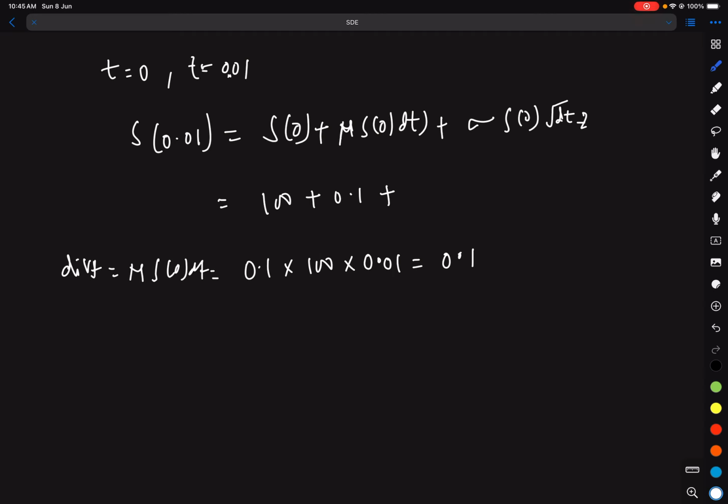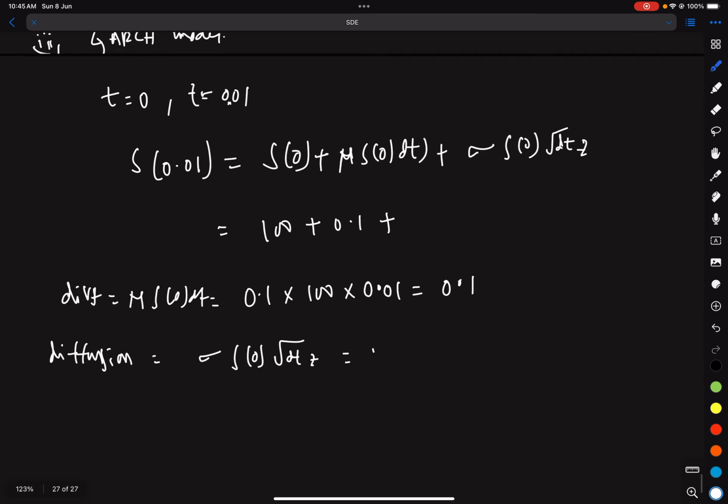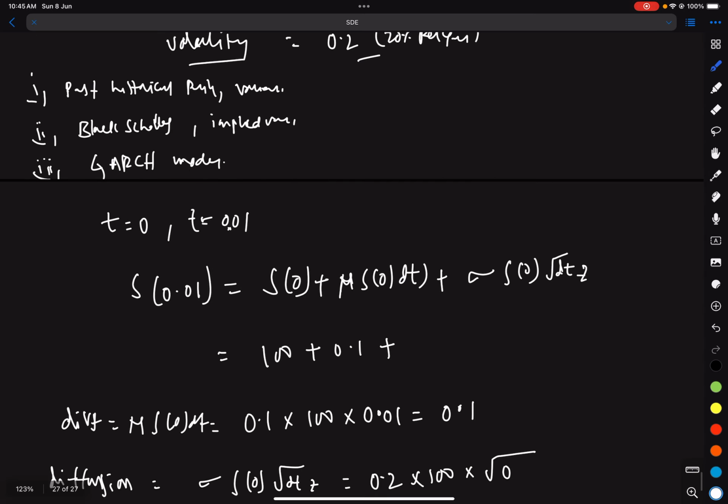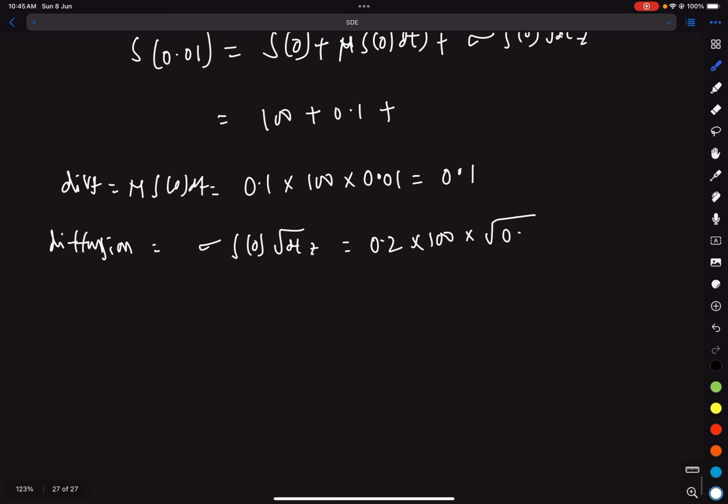Now let's calculate the diffusion term, or random term. To calculate that, the different components we should have are volatility, stock price, and Brownian motion, right? So we already know our volatility is 0.2, and our stock price is 100, into the square root of our step, 0.01, which is the variance.